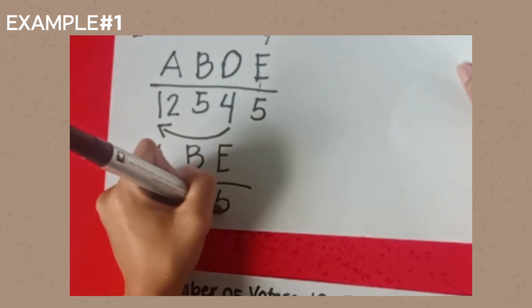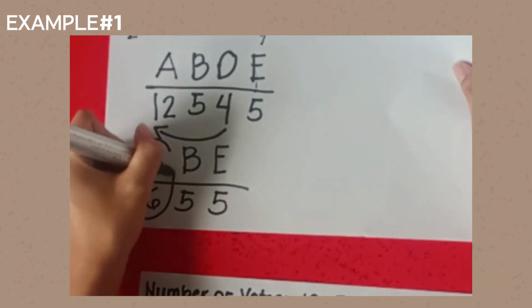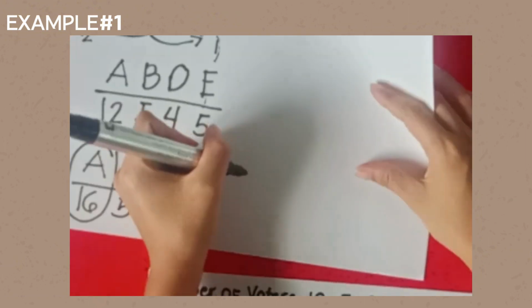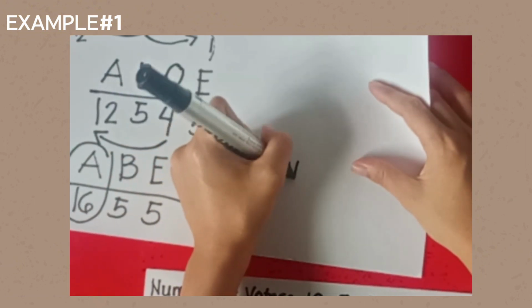B has 5 first place votes, and E has 5 first place votes. Candidate A now has a majority, and so candidate A wins the election.